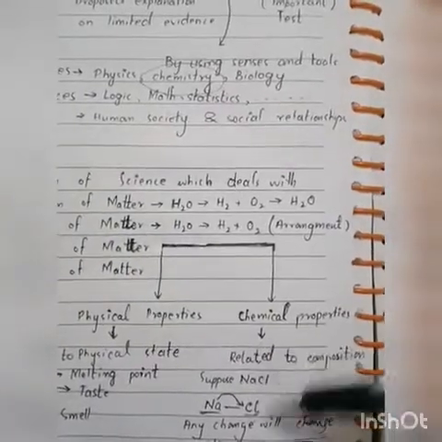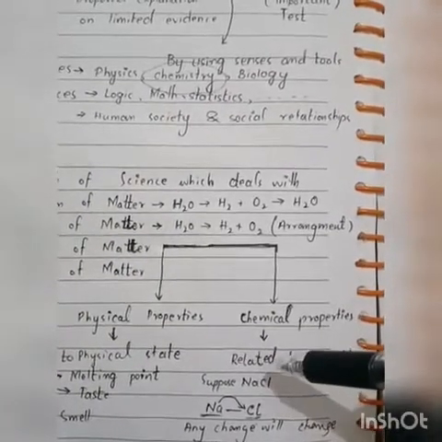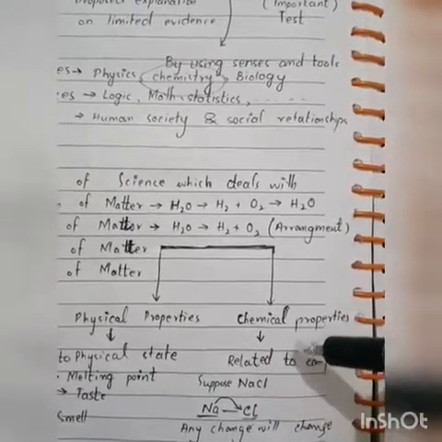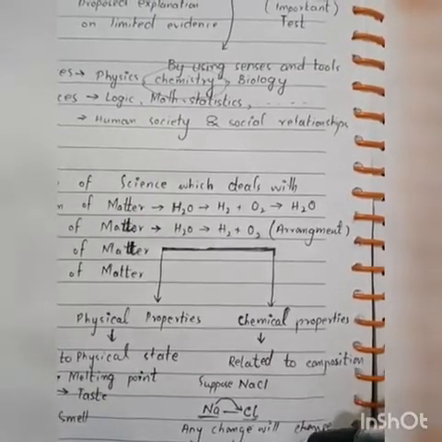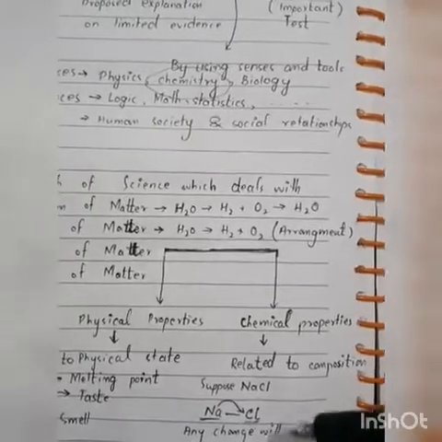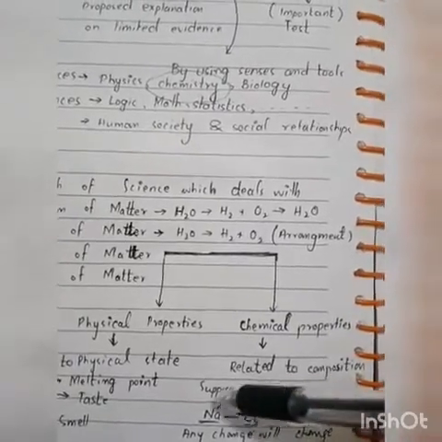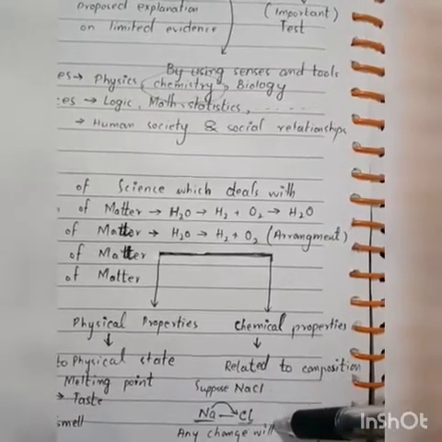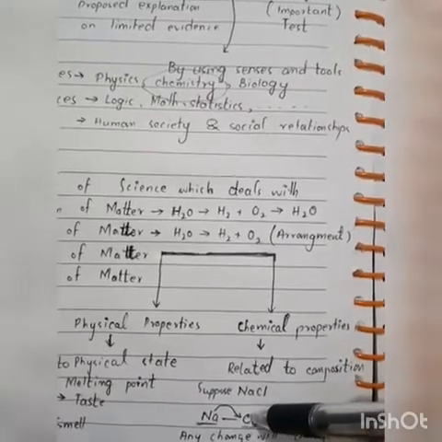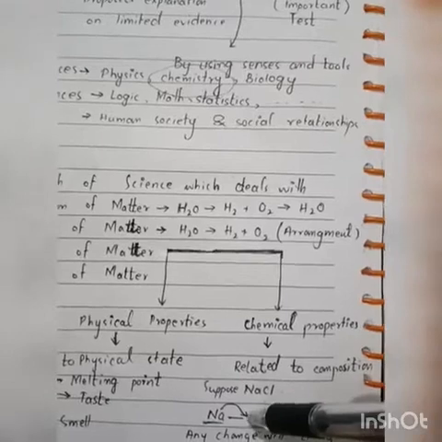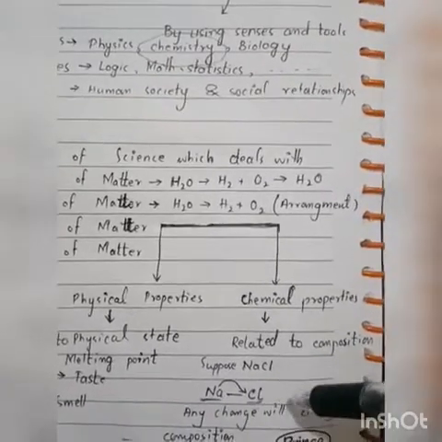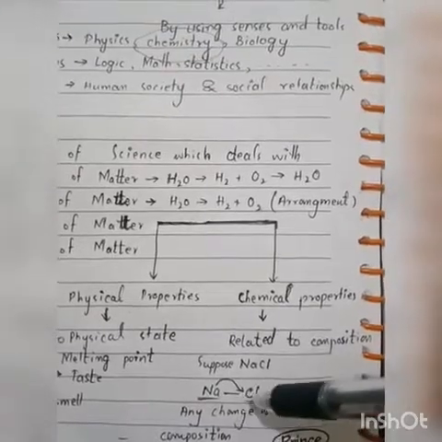As sodium has 1 electron in the outermost shell, it needs to lose it to complete its octet. And chlorine has 7 electrons in the outermost shell, and it needs 1 electron to complete its octet. So 1 electron will move from sodium to chlorine to make NaCl, and an ionic bond is formed between sodium and chlorine. Any change in the chemical properties will change the composition.